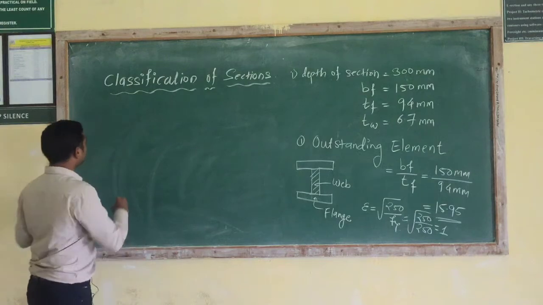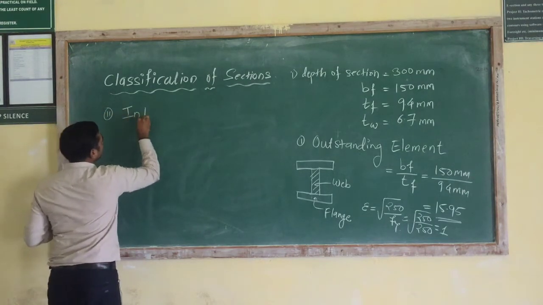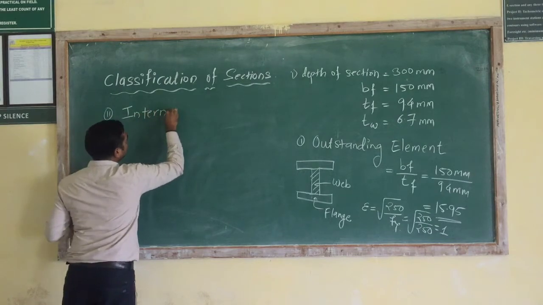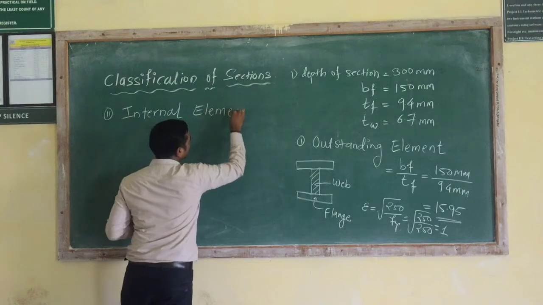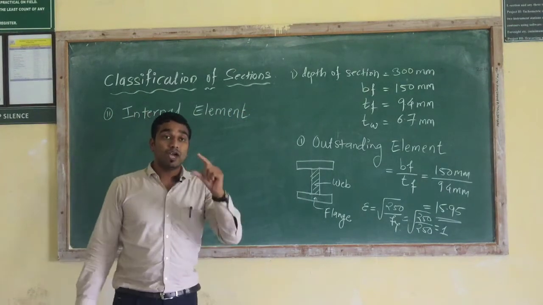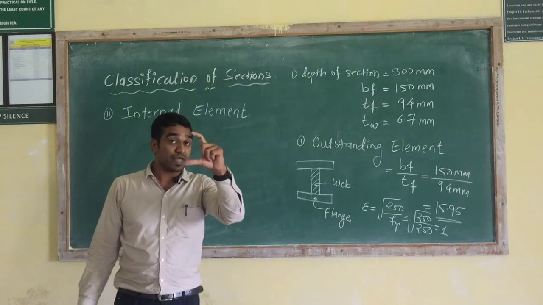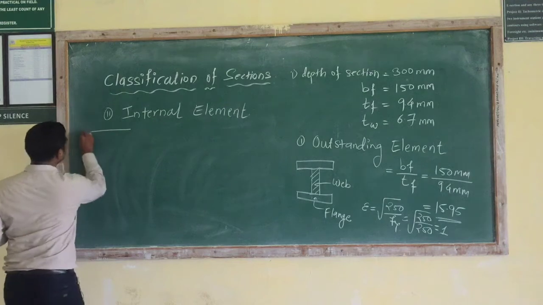Now here you can see the second point, internal element. Okay, here first of all we have to find the value of depth of that internal element. How will you get that depth? Again see here.